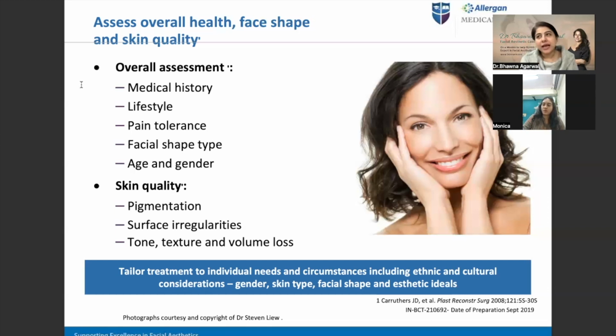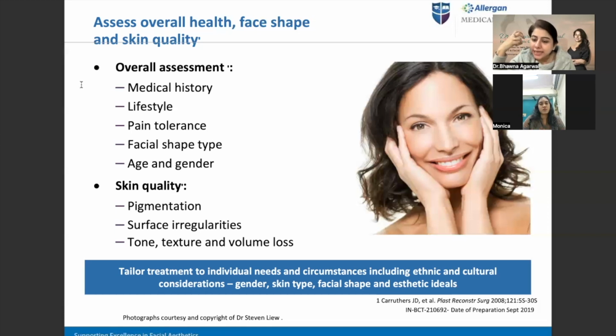This is something very important in aesthetics, because we do not advise a complete numbing or local anesthesia for aesthetic procedures, because pain is a very good indicator for us and keeps us in the safer zone. If we just inject lignocaine and make the entire area numb, we won't be able to know whether we are hitting the nerve or the artery.